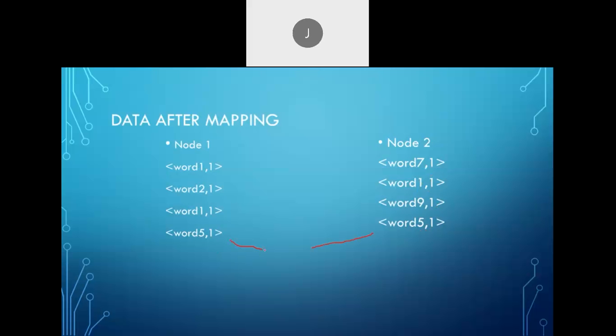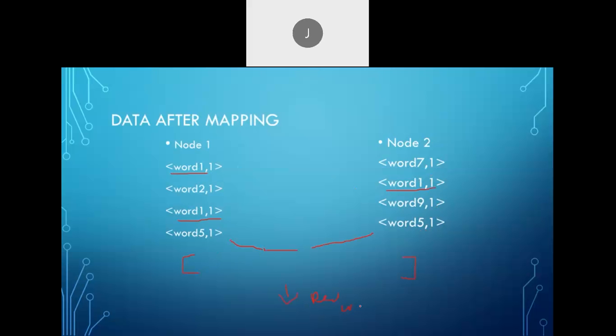After this phase, what we will do, we will go for shuffling and sorting. Okay, so whatever words are related together, all of this will be put in a single list. Okay, word 1 here, word 1 here, all these things will be put in a single list. And it will be counted after this phase.